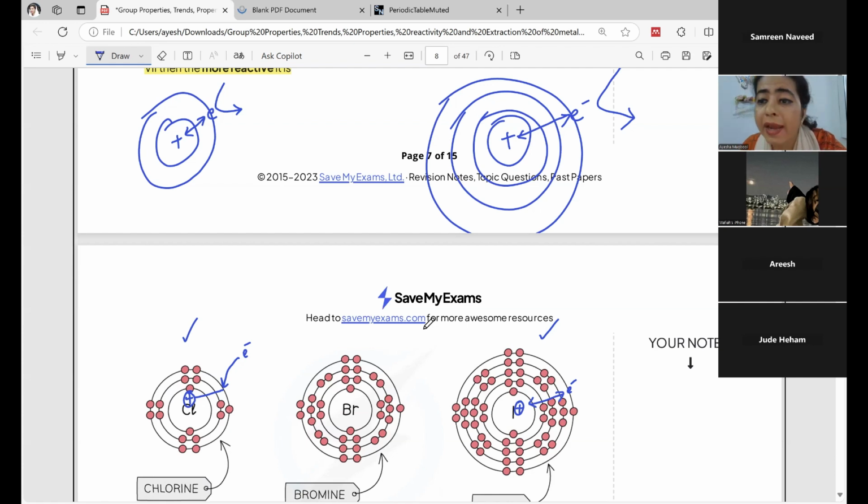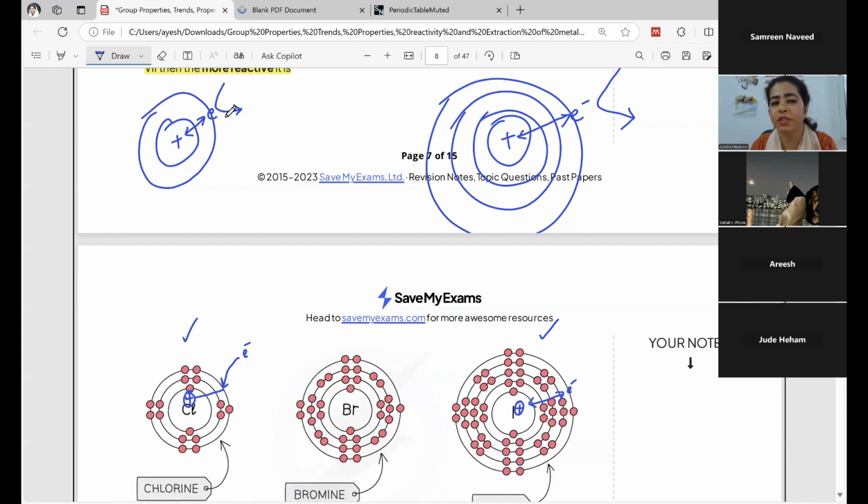Okay, Miss. And addition of electron is telling us the reactivity. If electron addition is easy, more reactive. Electron addition will be hard, less reactive. For the metals, if electron removal is easy, more reactive. Electron removal is hard, less reactive.